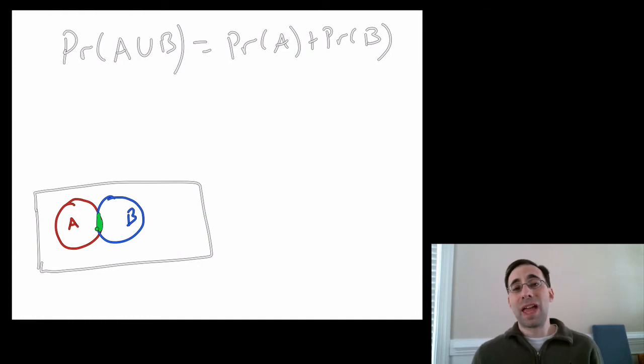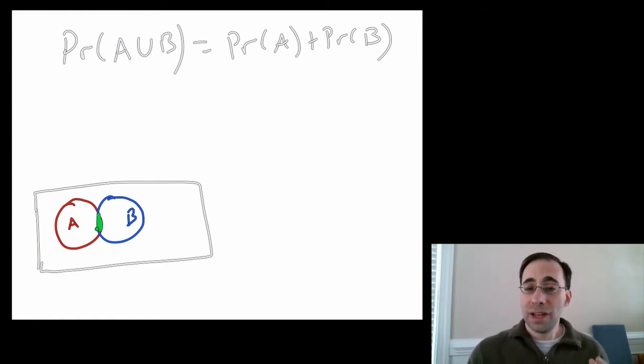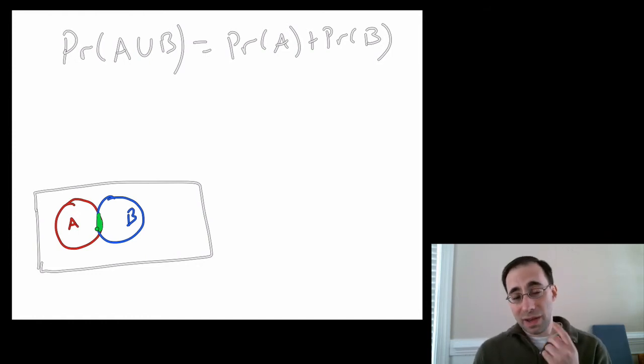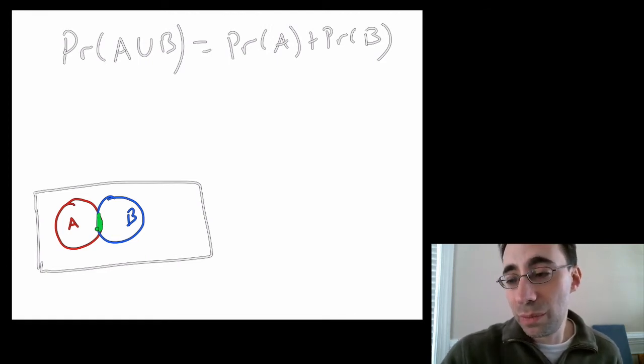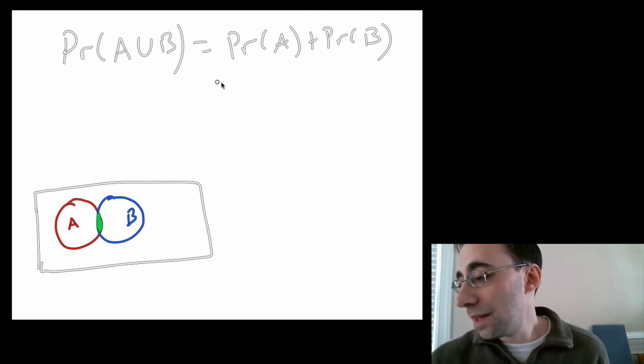So effectively, you're double counting the chance of landing in the shaded region. So you have to subtract one of those double countings. What is that chance? It's the chance of landing in both A and B. So we have to subtract this right here.